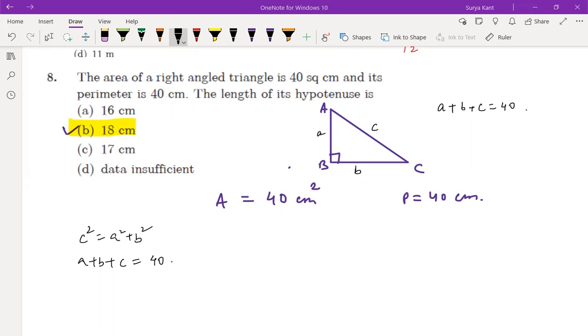Squaring both sides, C square equals (40 minus (A plus B)) the whole square. A square plus B square equals 1600 minus 2 into 40 into (A plus B), and we can expand from there. We get A plus B equals 22, hence C equals 40 minus (A plus B), which is 40 minus 22 equals 18 centimeters.